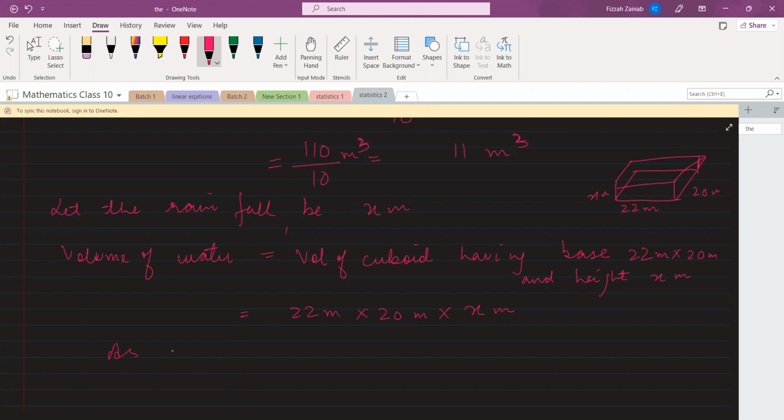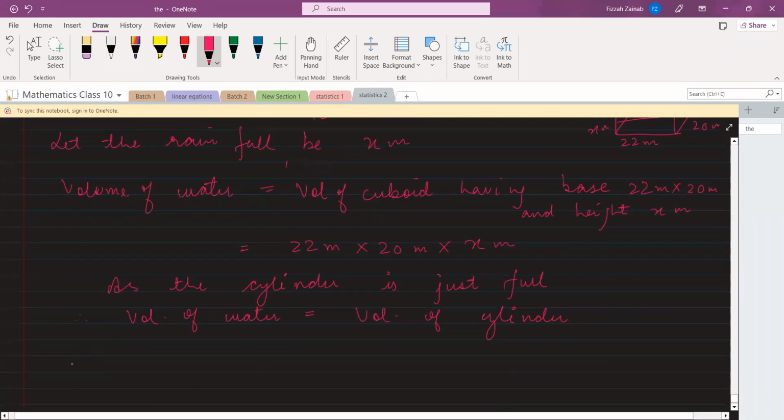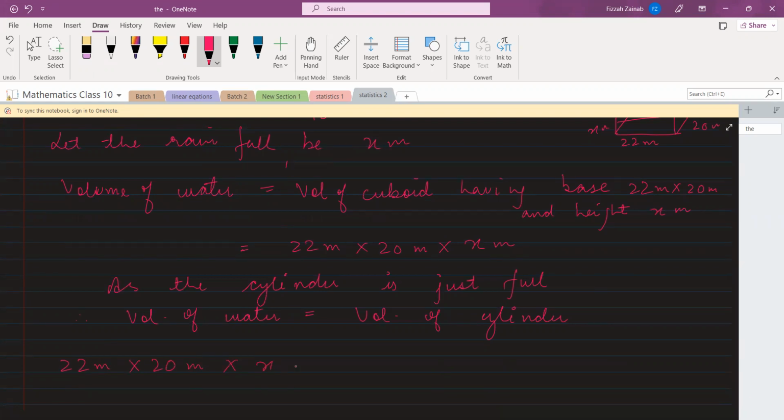As the cylinder is just full, therefore volume of water is same as the volume of cylinder, right? So this volume of water is 22 meter into 20 meter into x meter. And volume of cylinder we have already found, which is 11 meter cube.